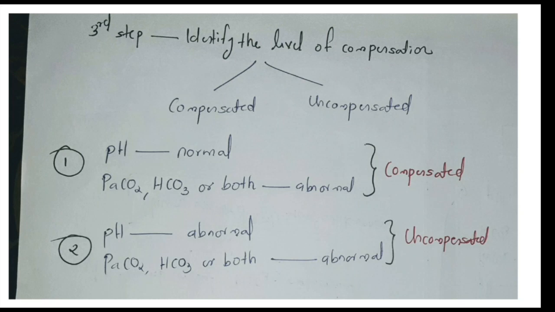So how to recall that? First, if you see pH is normal and the other values like HCO3 or PCO2 or both are abnormal, then we consider it as compensated.